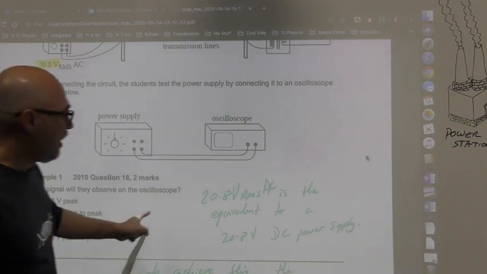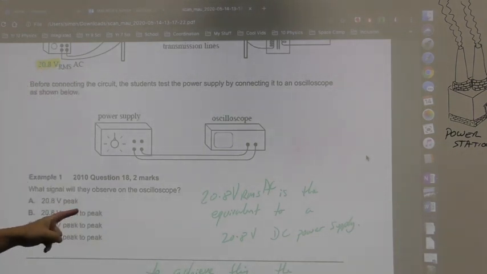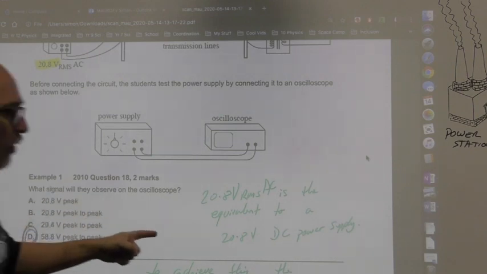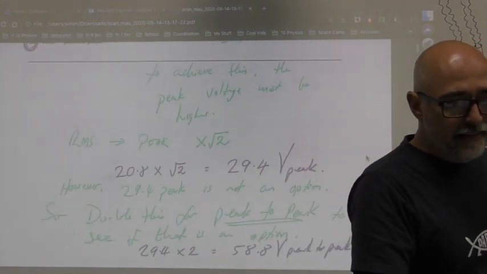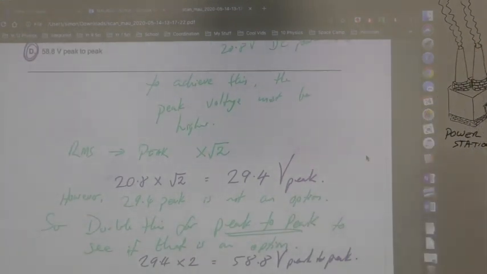Which is why 20.8 volts RMS is equivalent to a 20.8 volt DC power supply. So to get that answer, you need to actually use the RMS conversion, and that's all it is, okay?